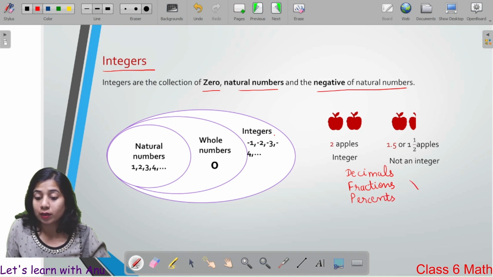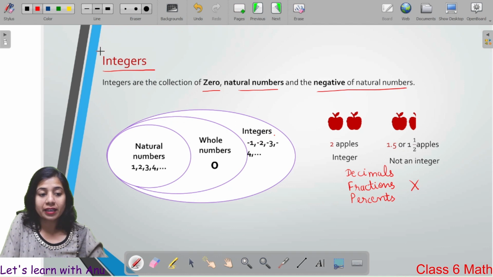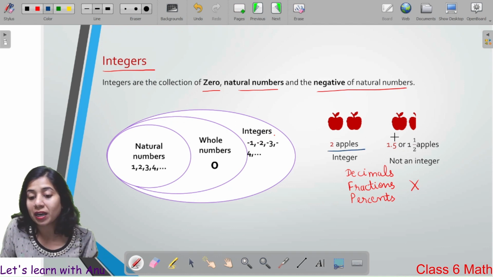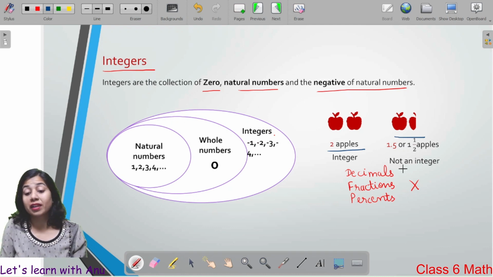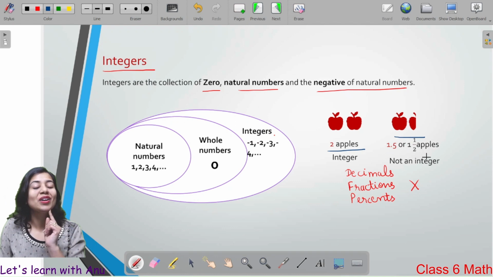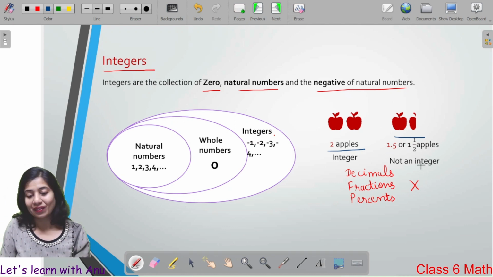For example, here we have 2 apples. 2 is an integer. But 1.5 apples, or if we write it as a mixed fraction, 1½, are not integers, right?